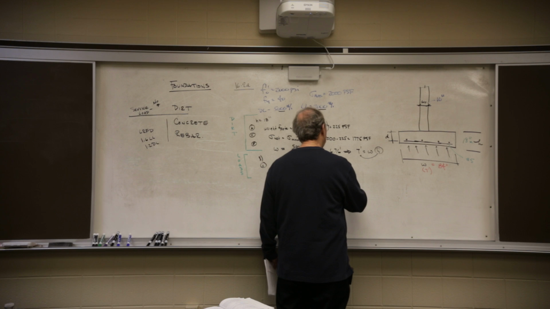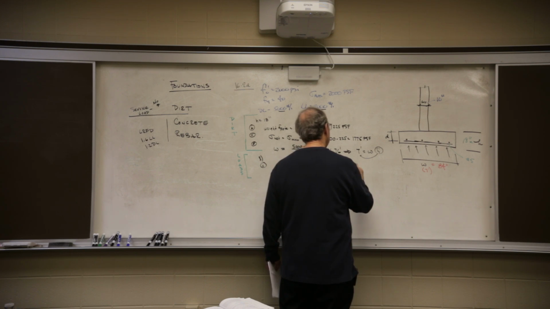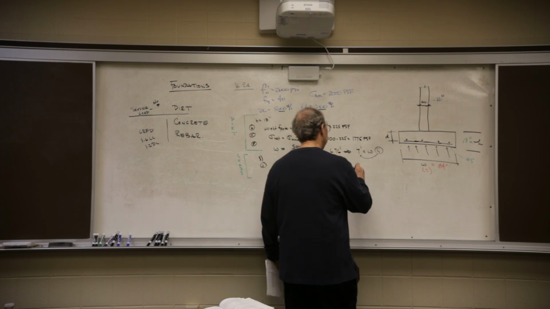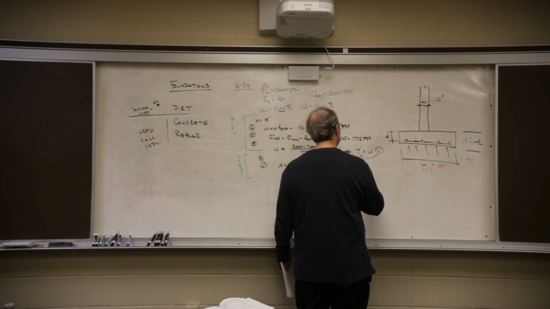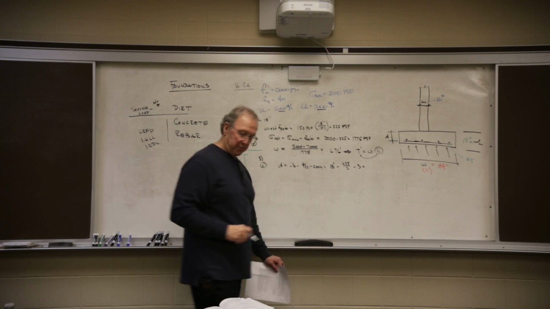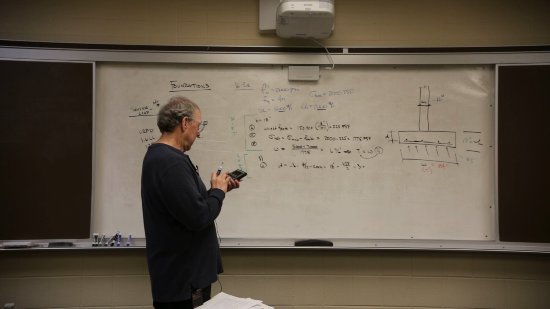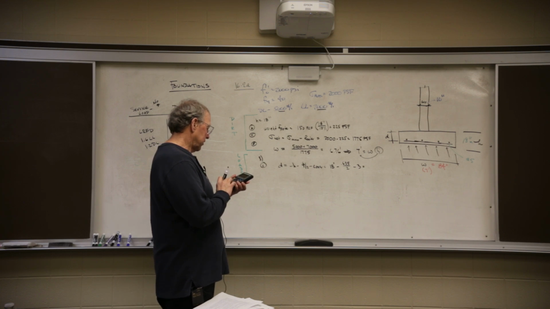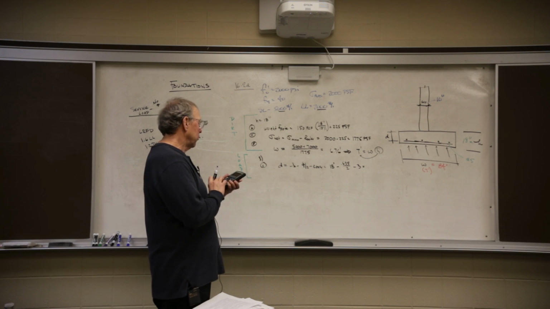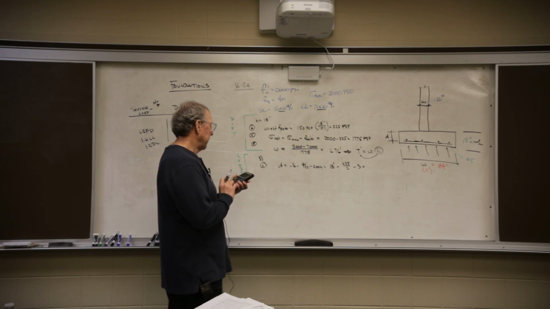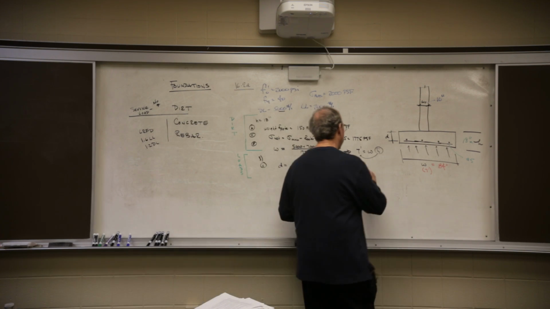Number 5 is 0.625 divided by 2. And cover, it's laying against dirt, so it's the 3 inches we just talked about. So there's my D. 18 minus 0.625 divided by 2 minus 3. 14.6875.